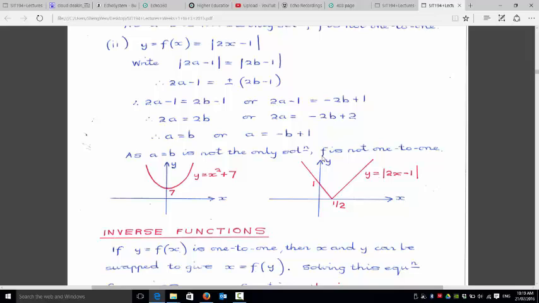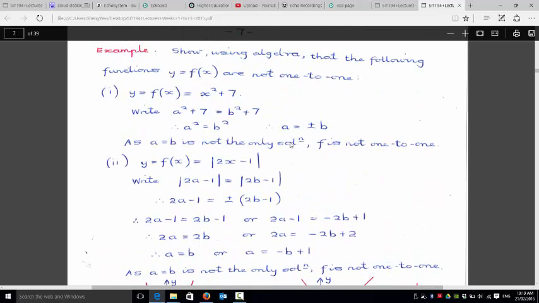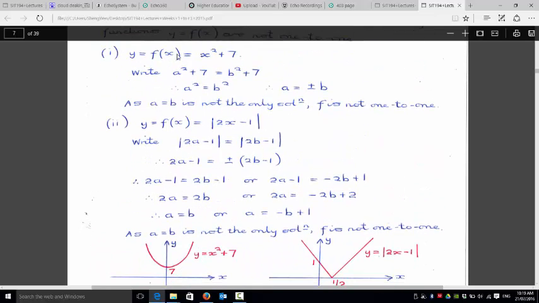Then we will have 2a minus 1 is equal to 2b minus 1 or minus (2b minus 1). And then we will have a is equal to b or a is equal to minus b plus 1. At this moment, a is equal to b is not the only solution, so f is not a one-to-one function. We just sketch both functions.